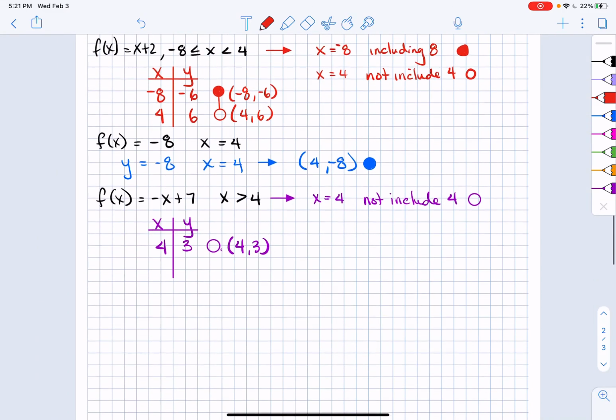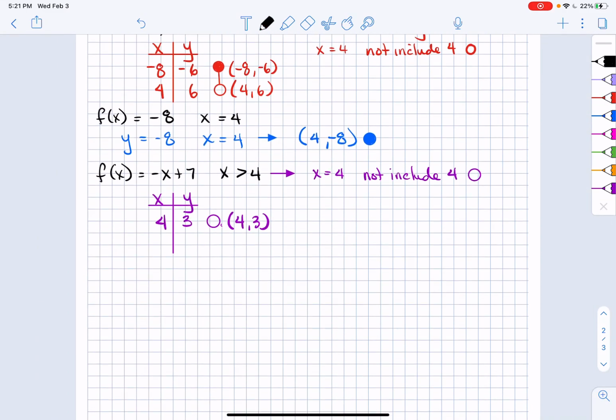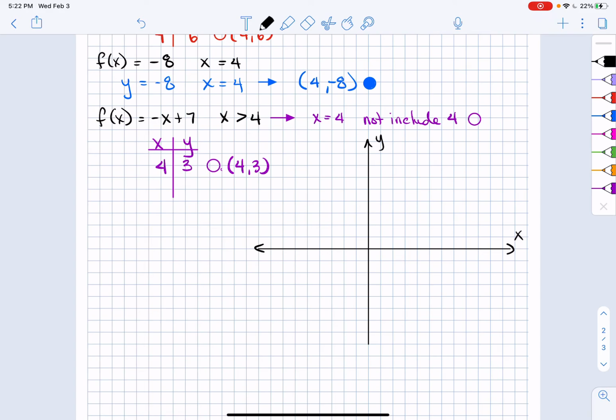Okay, so let's try to plot this. Hopefully I gave enough space. Okay, I'm okay there. All right.